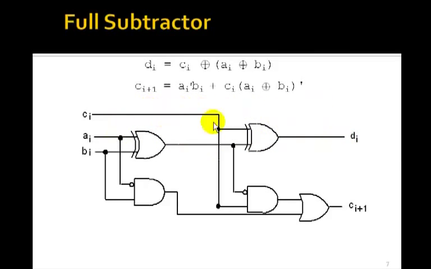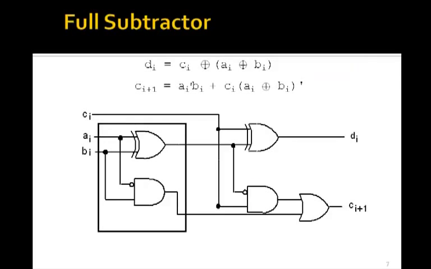The difference is just C exclusive ORed with A exclusive ORed with B. That gives D. And C_i+1, the output borrow, is just, we need a bubble here, not A and B, ORed with C, ANDed with not A exclusive ORed with B. So this bubble would be this not here.